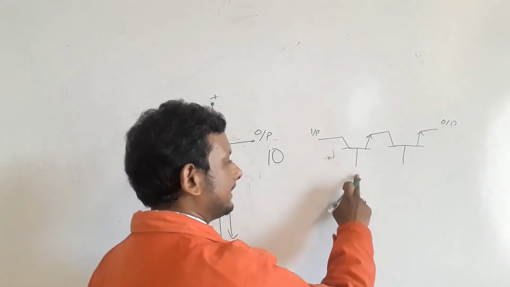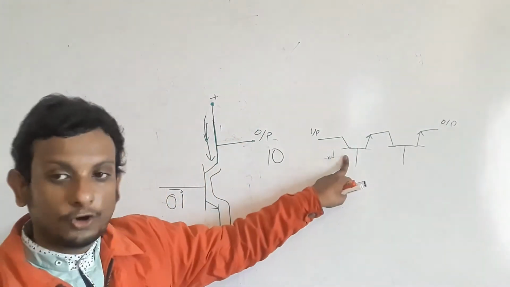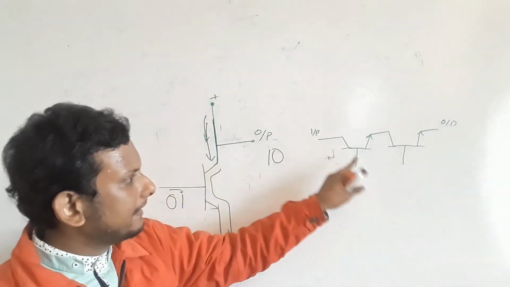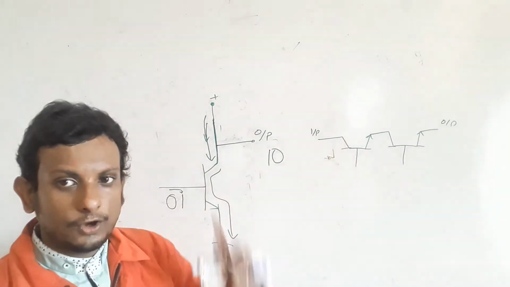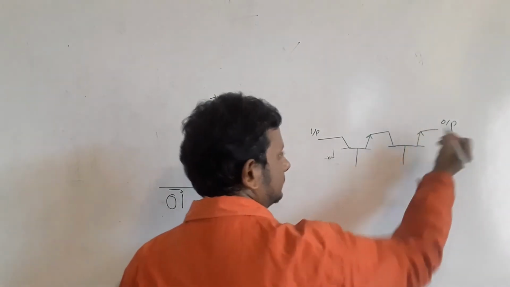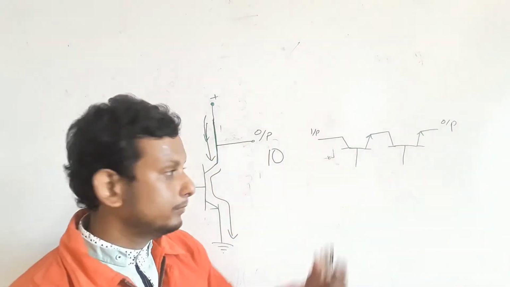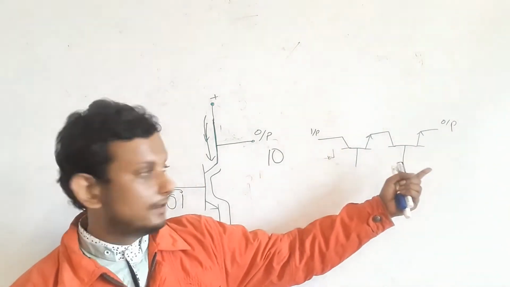When we apply an input voltage to the base terminal, the transistor will be on, and when we don't apply any voltage at the base terminal, the transistor will be off. Only when both the transistors are on will we get the output.